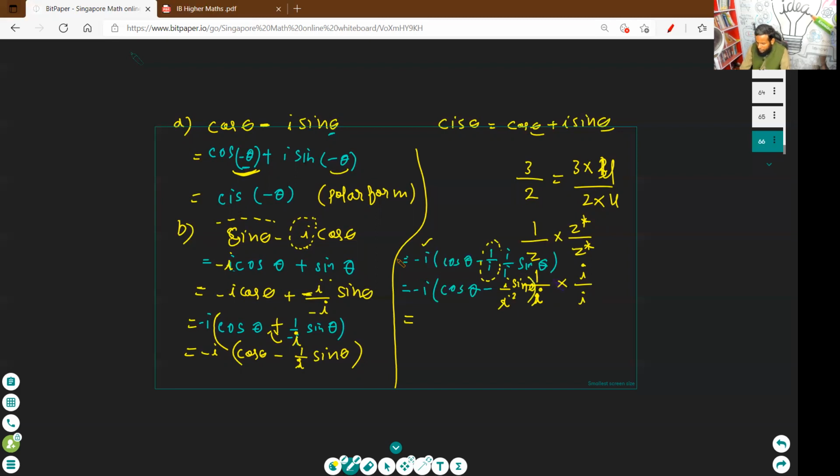Minus 1. Yes, put it. Plus i sine theta. Yes, good. Now, can you write this in cis form? This one is minus i cis theta. Now understand. We will wait, I see the answer.